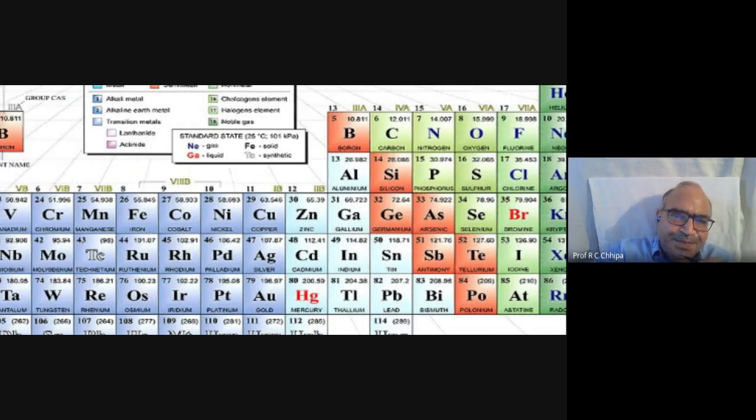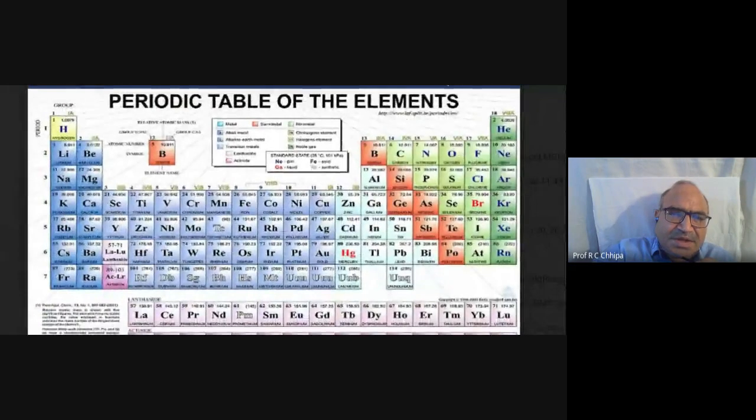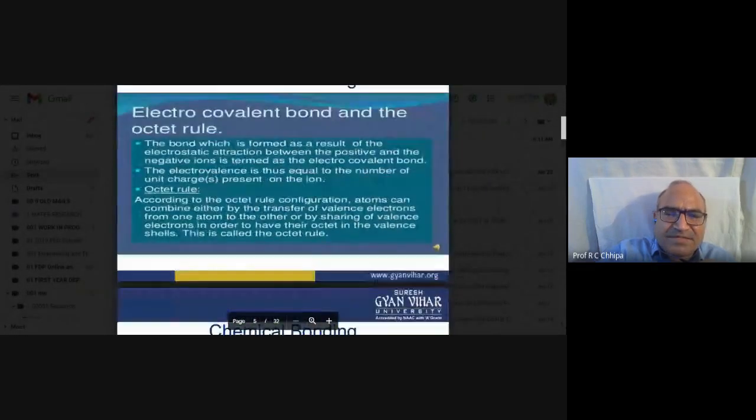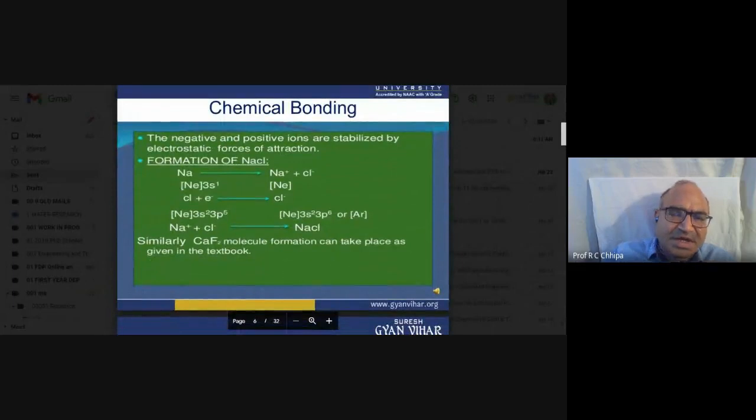So here is calcium fluoride, and it can be easily explained. One calcium can lose 2 electrons, forming the calcium plus 2 cation. So 2 electrons are completely transferred, and we get calcium plus 2, which has the electronic configuration of an inert gas.